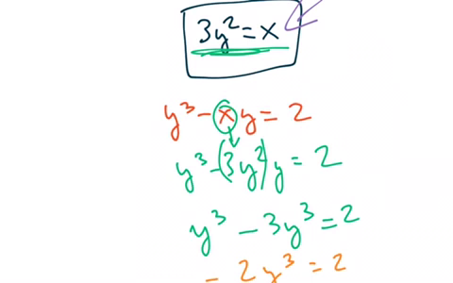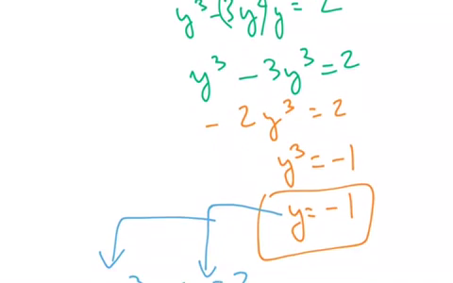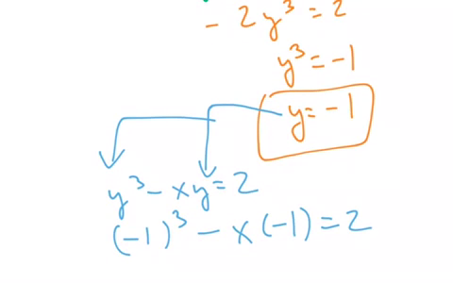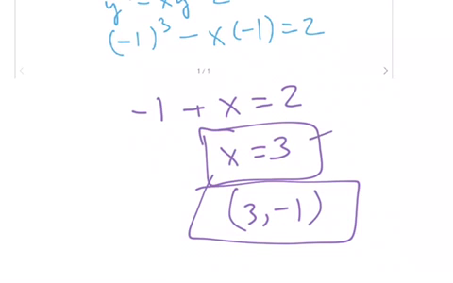Go back to the original equation and substitute that value in, because whenever that relationship holds, we have an undefined slope. Substitute those values in, we get y to be negative 1. Substitute y equals negative 1 back in, solve for x, you'll get x to be 3, and then you have your answer.